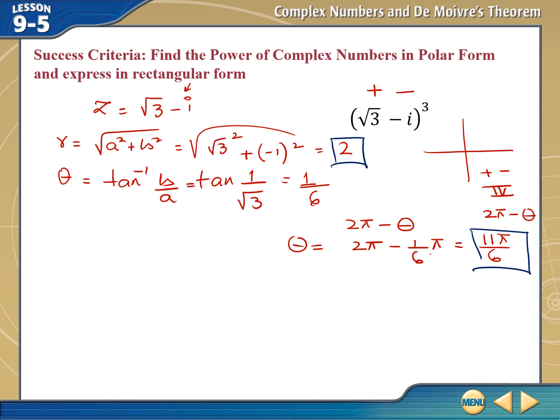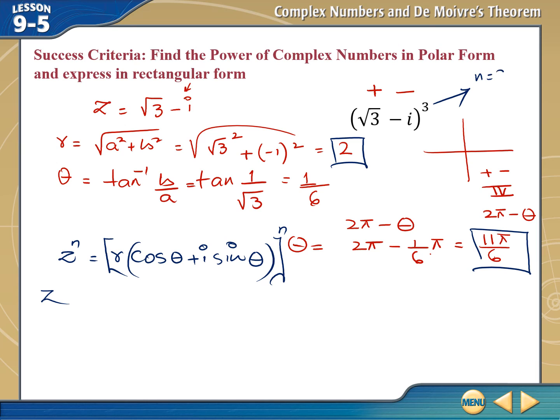Once we are done, we have to apply De Moivre's theorem, which says that z to the power n is equal to r cosine theta plus iota sine theta, inside the bracket, raised to the power of n. So in our case, the power is 3. It means our n is 3. So write z to the power of 3.